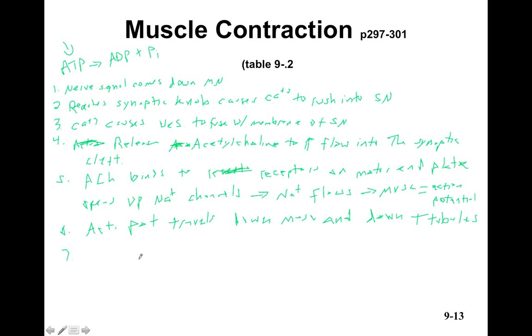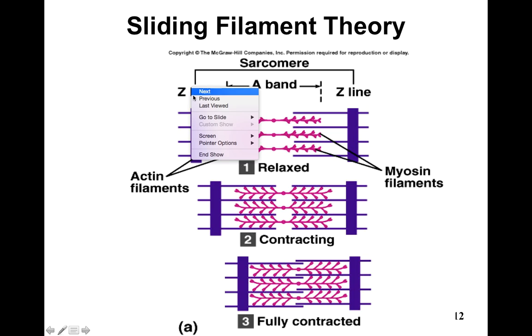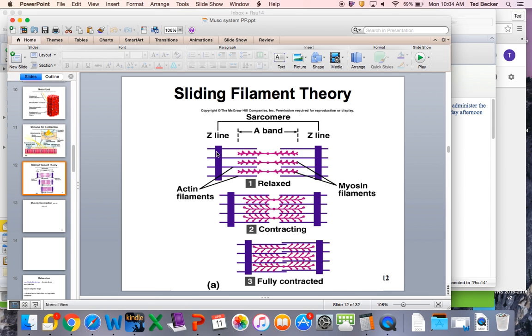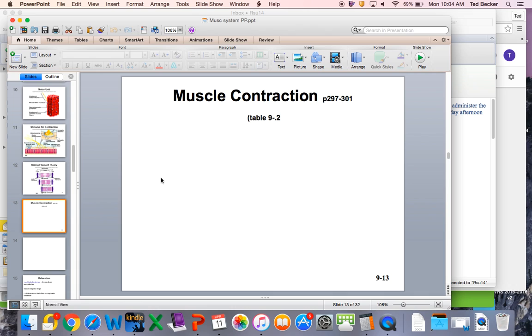When the action potential travels down the T tubules, it causes release of calcium from the sarcoplasmic reticulum. Okay, I'm actually going to just type the rest of that.